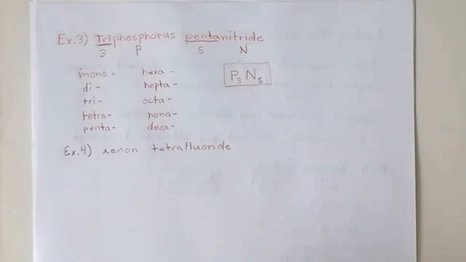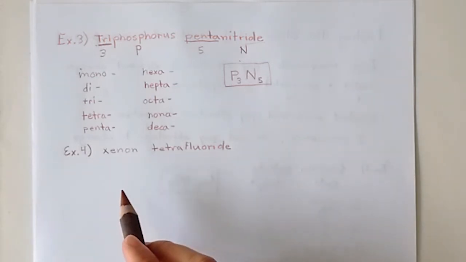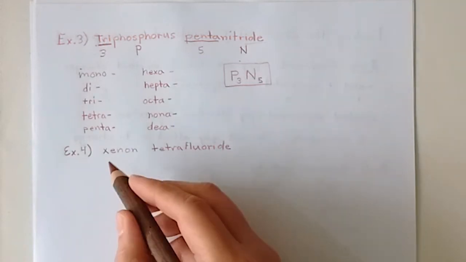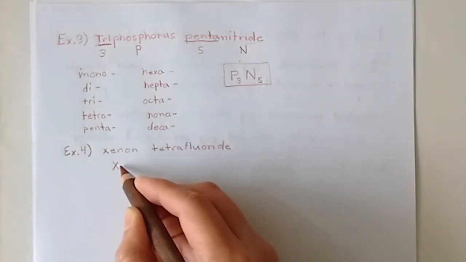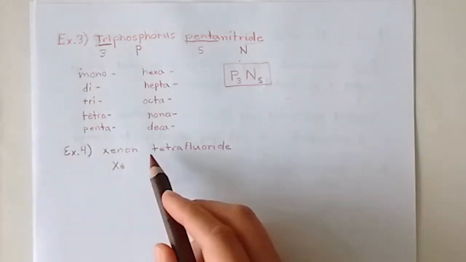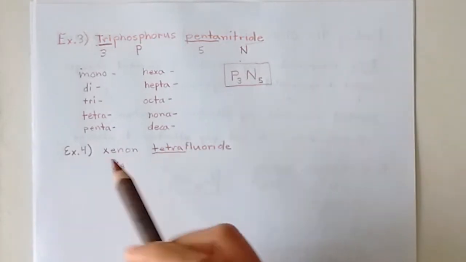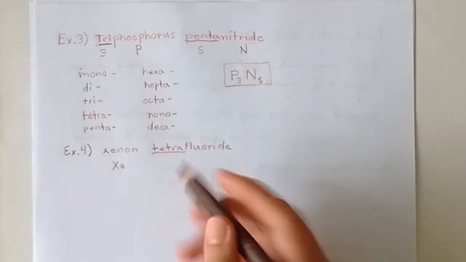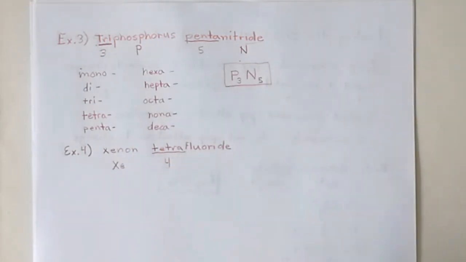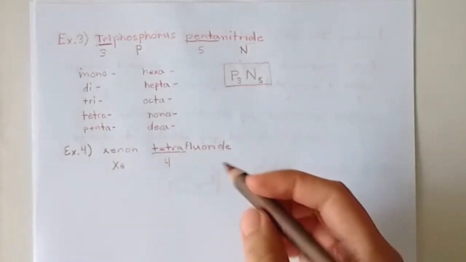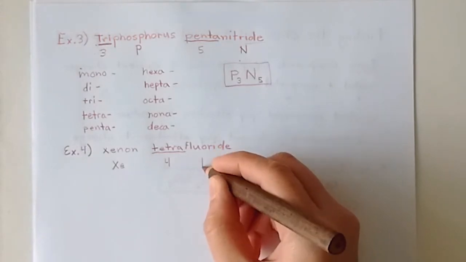So from xenon, we can see that we have the symbol Xe. And then here, we see that we have a prefix, tetra, and from here we know that it indicates 4. And fluoride is indicated by F for fluorine.